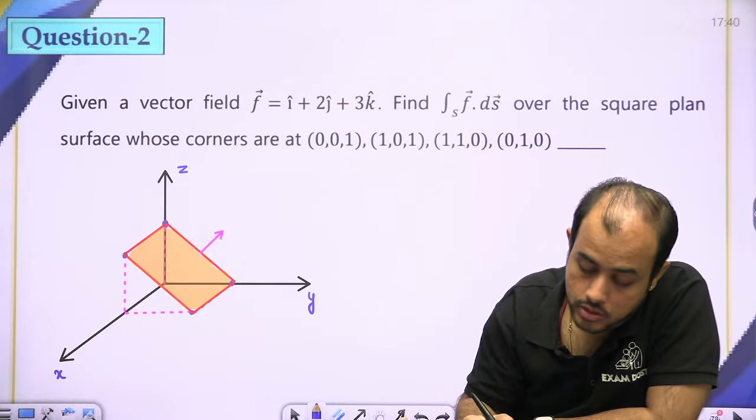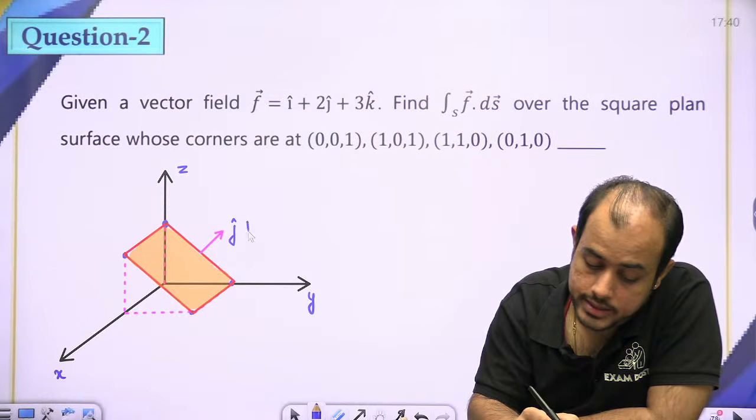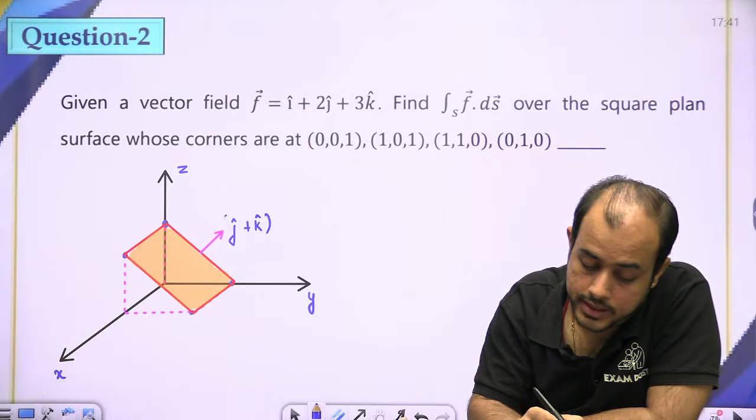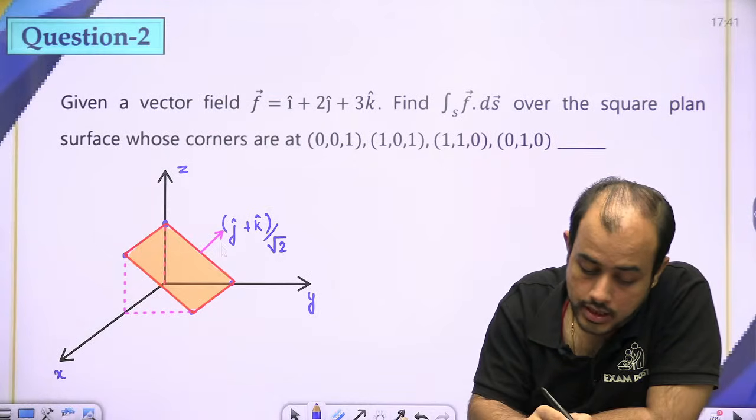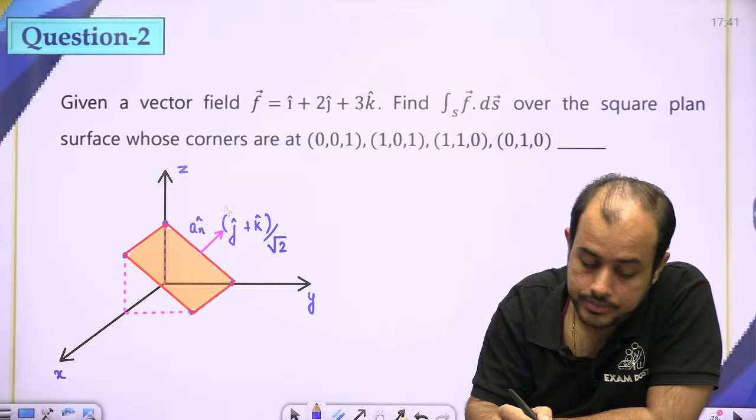So the normal is perpendicular to the line, which lies in the yz plane. So I am making a normal vector.